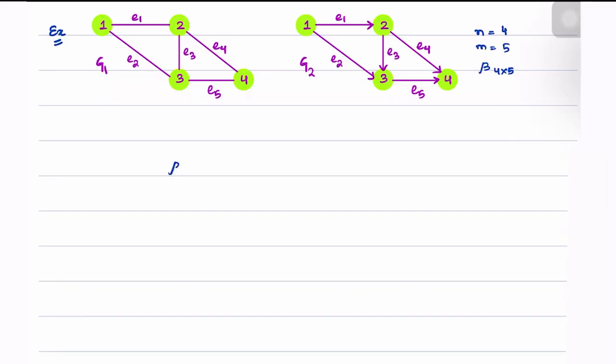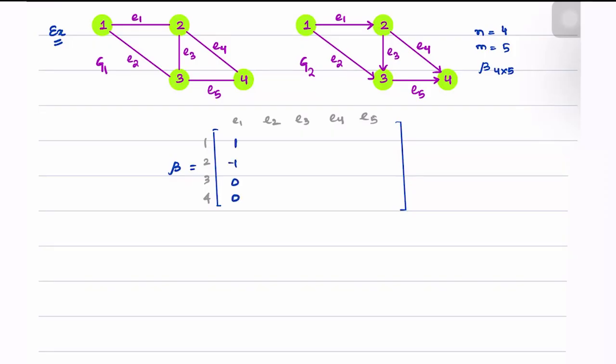And what will be its value? Let's write it. We have 4 vertices and 5 edges. For the first edge, we see that it starts at 1 and ends at -1.